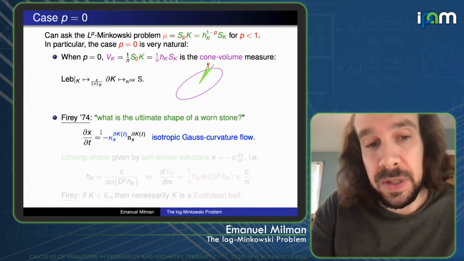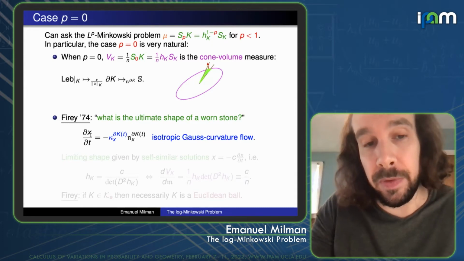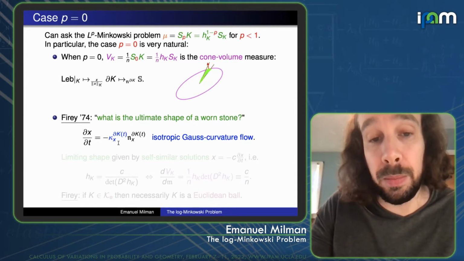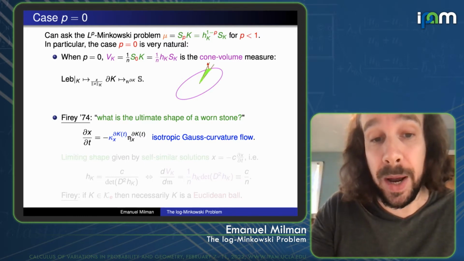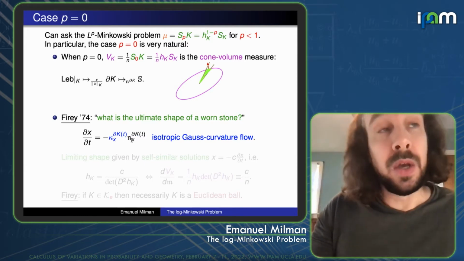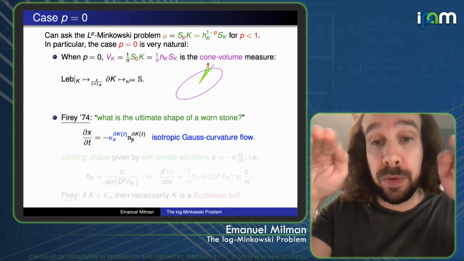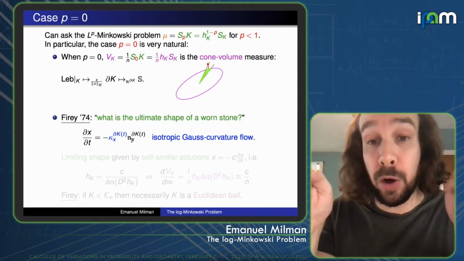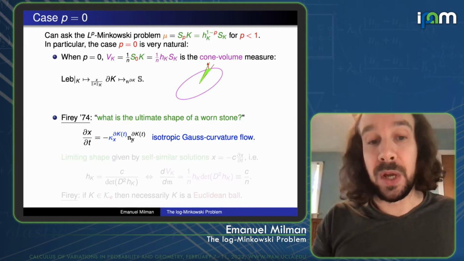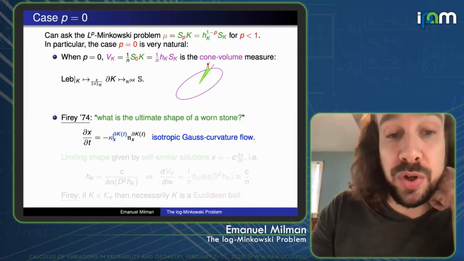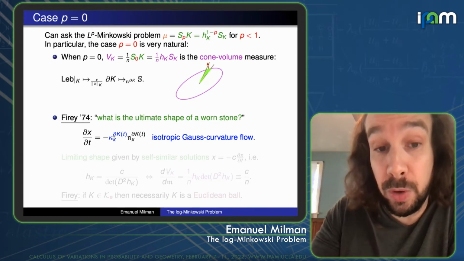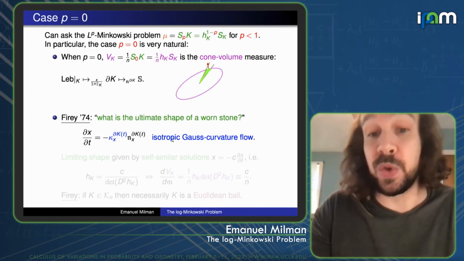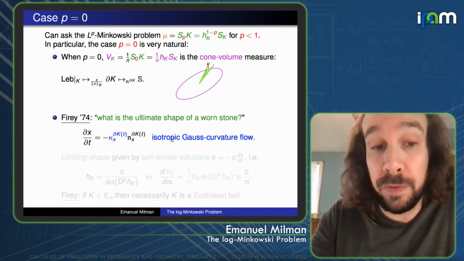Okay, so obviously the change in time of the location x will go in the direction of the inward normal, right? So minus normal, but at which rate? So of course, at places where the stone is more positively curved, it's going to be eroded faster. So let's assume that the erosion happens proportionally to the Gauss curvature, the Gaussian curvature kappa. Okay, so this is called the isotropic Gauss curvature flow.